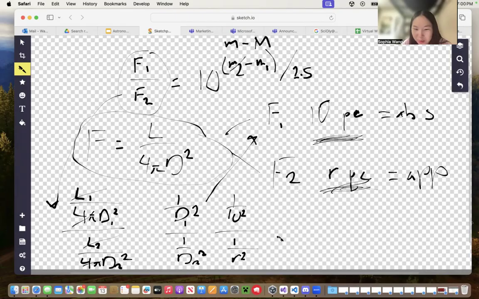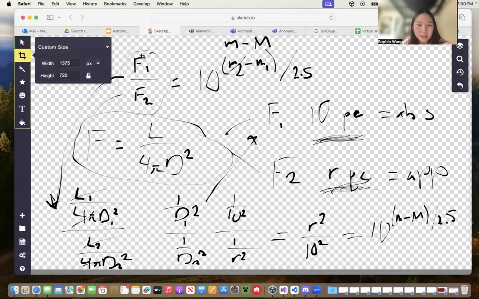And if you don't know how to simplify complex fractions, you basically flip it. So this becomes r squared over 10 squared. And now this is equal to 10 to the m minus M over 2.5, because remember, this is the same as our flux fraction, which we transformed through the luminosity stuff into this.